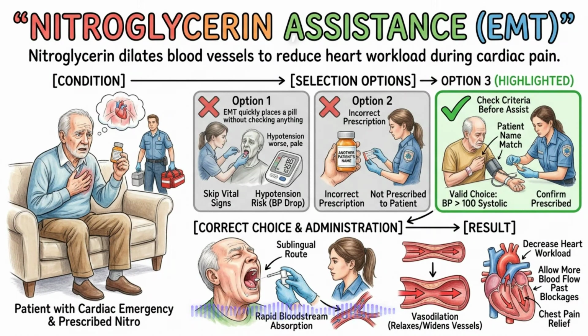It is administered as a small tablet or a spray placed directly under the tongue, where it absorbs rapidly into the bloodstream. Because it dilates blood vessels, nitroglycerin can cause a dangerous drop in blood pressure. So you must always check the vital signs before giving it.